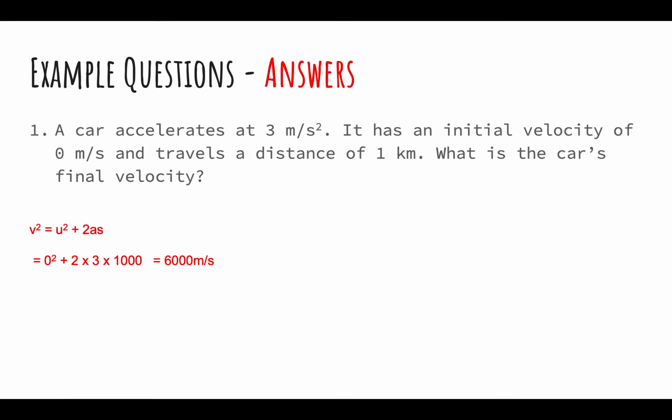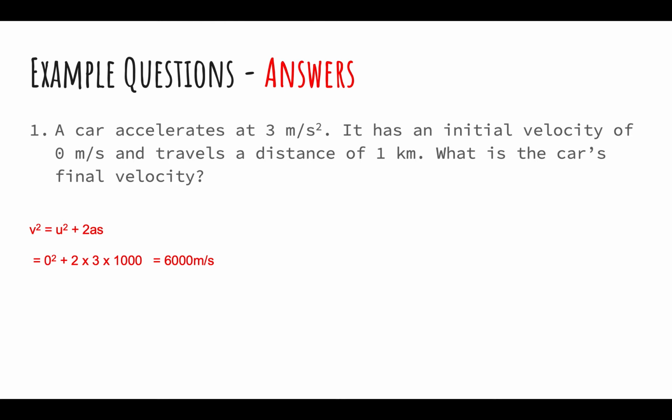For those of you wondering where the 1,000 came from, okay, if we look, we've got a distance or a displacement of 1 kilometer. And if we remember from earlier, 1 kilometer is 1,000 meters.